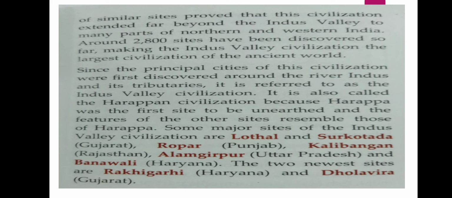After that we can see Ropar, Lothal, and Surkotada in Gujarat, Ropar in Punjab, Alamgirpur in Uttar Pradesh, and Banawali in Haryana. The newest sites are Rakhigarhi in Haryana and Dholavira in Gujarat.